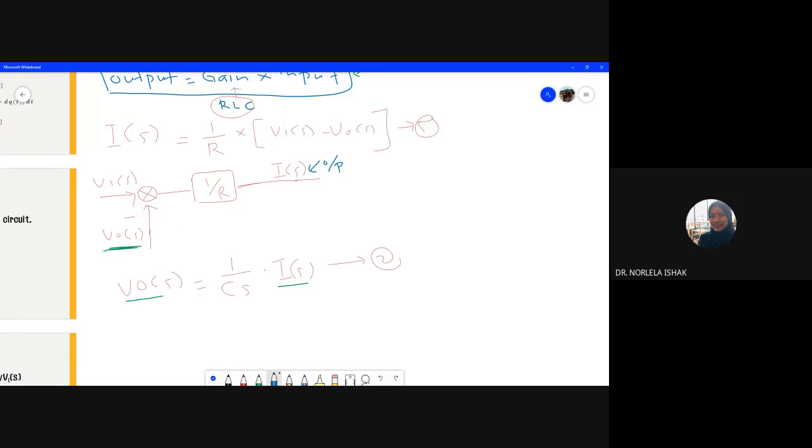Kita ada banyak. We have a lot subsystem. And then if the first block current is your output, the second block, current is going to be your input. Okay? So meaning, how about equation number 2?